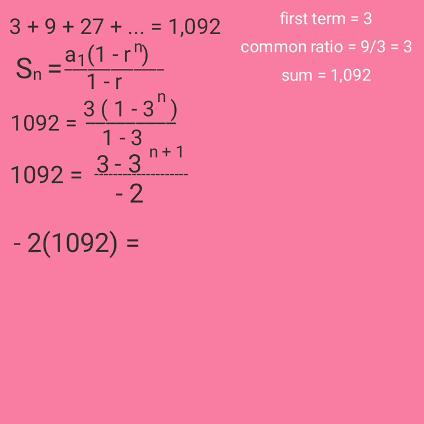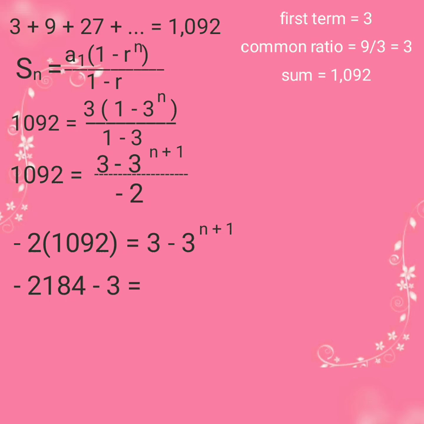That will be negative 2 times 1,092, which is equal to 3 minus 3 raised to n plus 1. So, by addition property of equality, negative 2,184 minus 3 is equal to negative 3 raised to n plus 1. That will be negative 2,187 is equal to negative 3 raised to n plus 1.